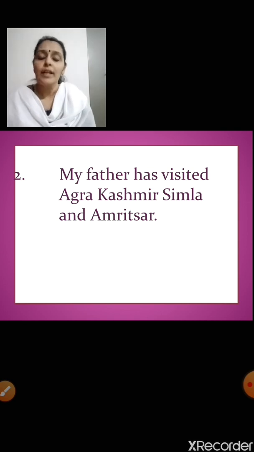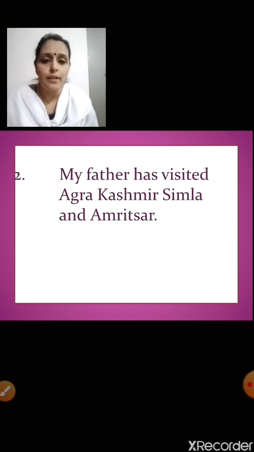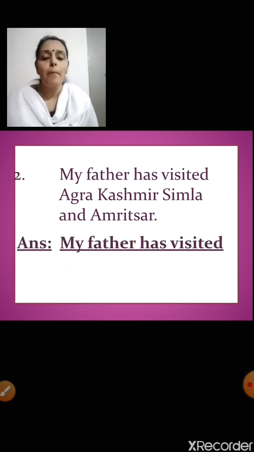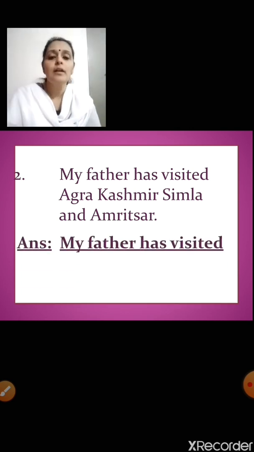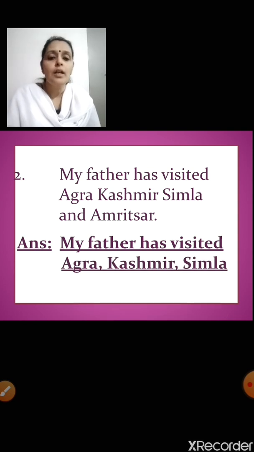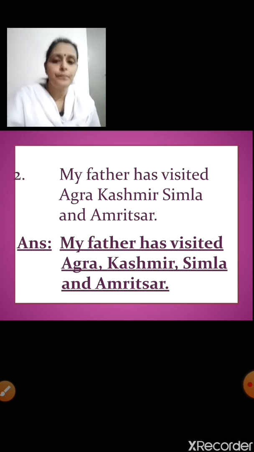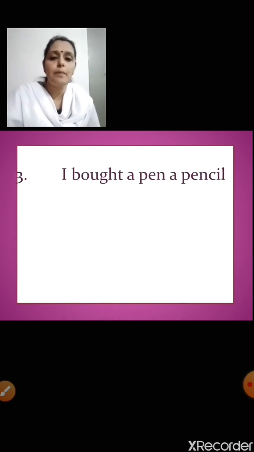But when I am writing so many places together, I am going to put a comma after each place, right? So I will write it as my father has visited Agra, Kashmir, Shimla and Amritsar. Understood, children? Let's see some more examples.